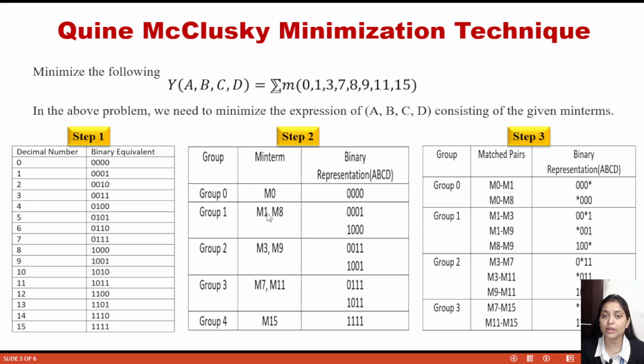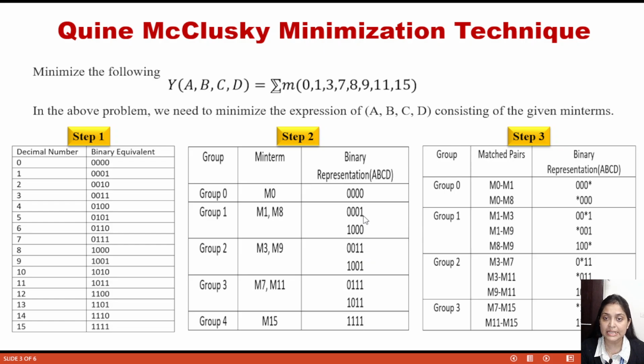In this case we will compare first M1 M3 and M1 M9, then again we will compare M8 M3 and M8 M9. Okay, so starting with M1 M3. M1 is 0001 and M3 is 0011.